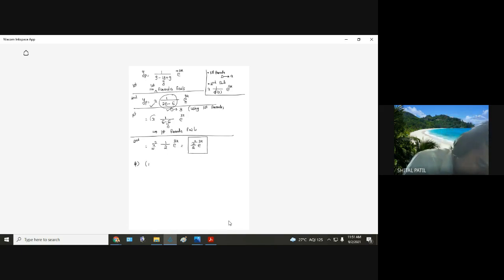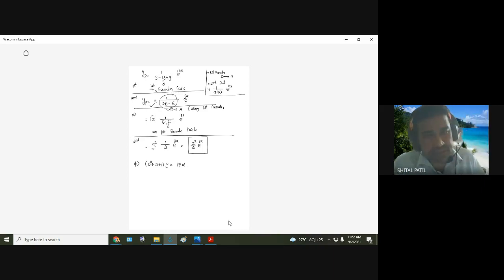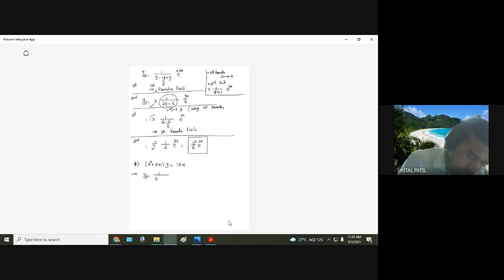D square plus D plus 1 operated on y equal to 17 alpha. Whether it is 17 or 17 alpha, I don't think there is a difference. So y of p equal to 1 upon d square plus d plus 1 operated on 17 alpha. What is 17 alpha?